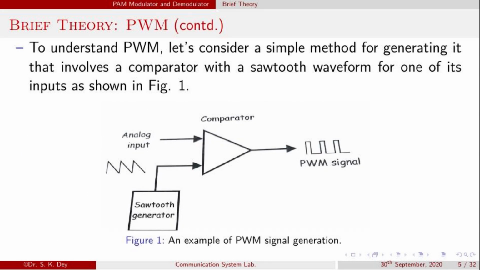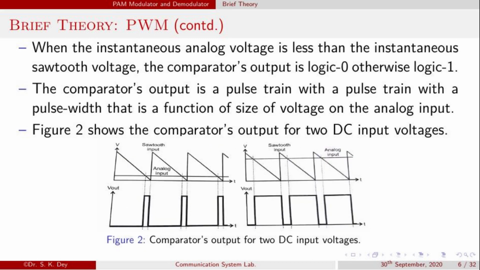To understand the PWM, let's consider a simple method for generating it that involves a comparator with a sawtooth waveform for one of its inputs, as shown in figure 1. When the instantaneous analog signal input is less than the instantaneous sawtooth wave, the comparator output is logic 0, otherwise logic 1.